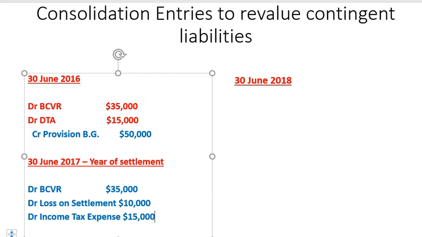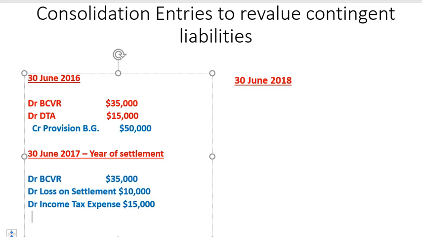And so we will offset the loss from the subsidiary. So effectively, it will be reducing that loss from $60,000 to $10,000. So we've increased the profit by $50,000. So then we'll have to pay 30% tax on that $50,000 amount. So we're increasing our tax expense by $15,000.